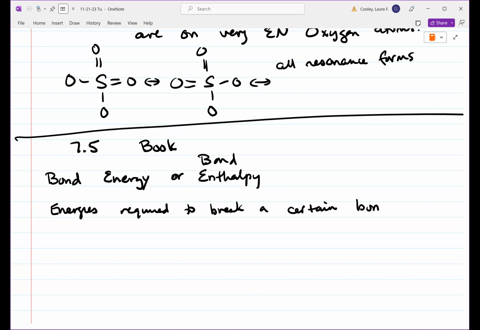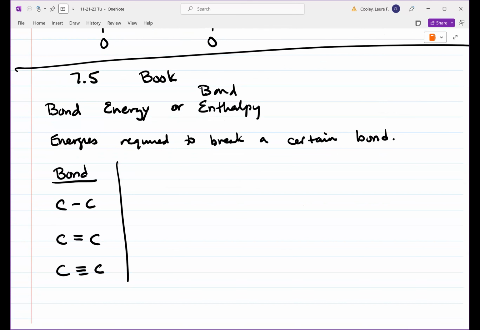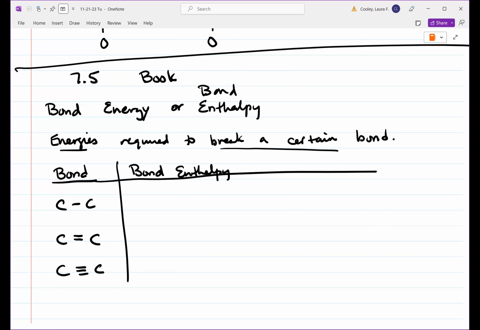The reason I introduce it to you now is because I want you to know, and I've told you this before, but I'm going to give you some numbers, that single bonds, double bonds, and triple bonds do not have the same strength. A triple bond is stronger than a single bond, and a double bond is stronger than a single bond. So the bond enthalpy is the energy required to break that bond.